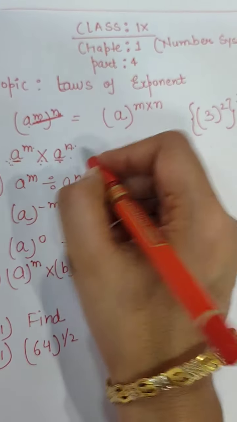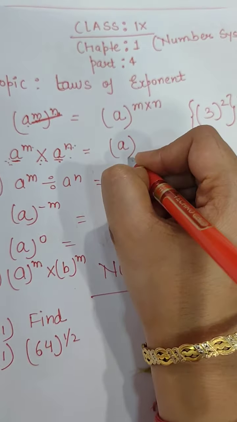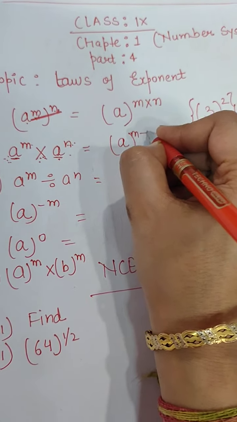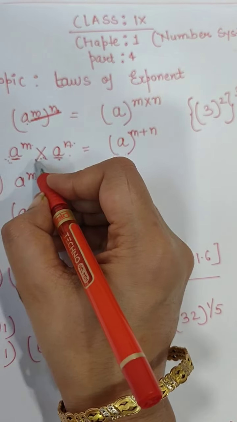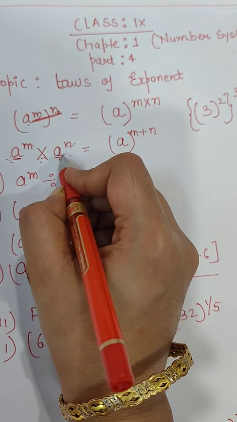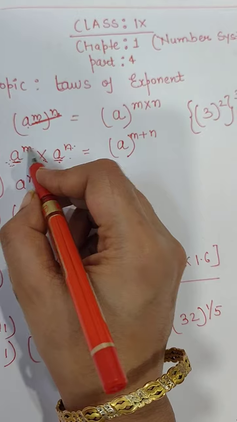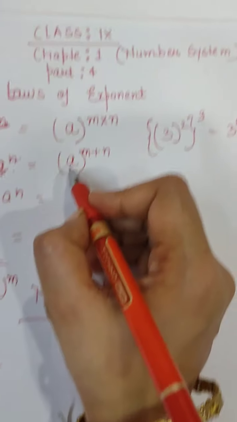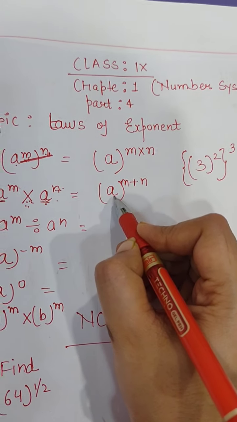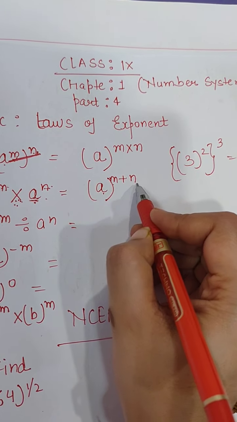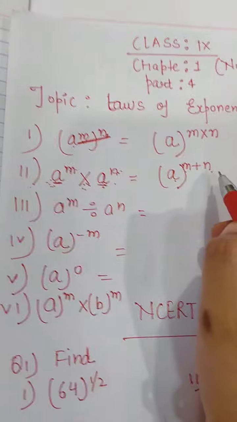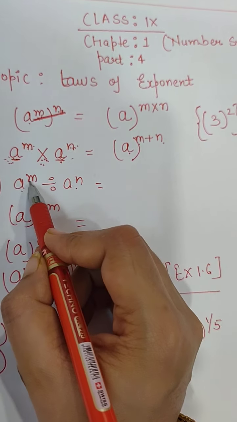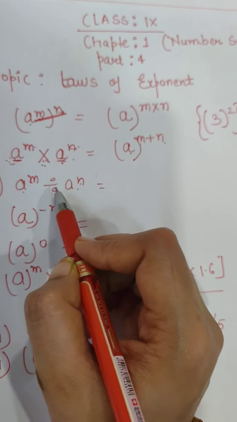Because the bases are same, we will write the base only one time, and according to the multiplication sign we will add the powers. So the law is we will take the base common and the powers will be added.